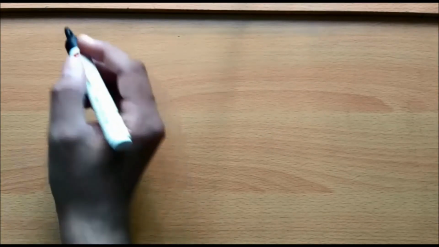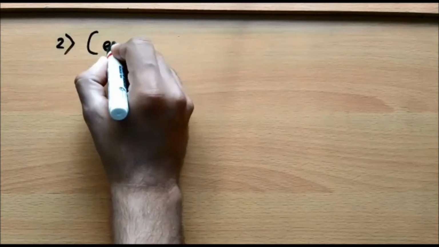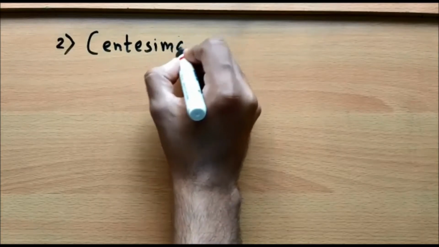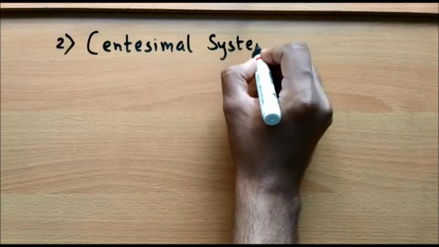We now move to the second system of angle measurement, and that one is the Centesimal System, the French system. So how are angles measured in this system?